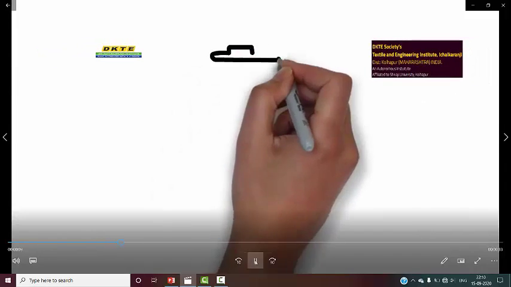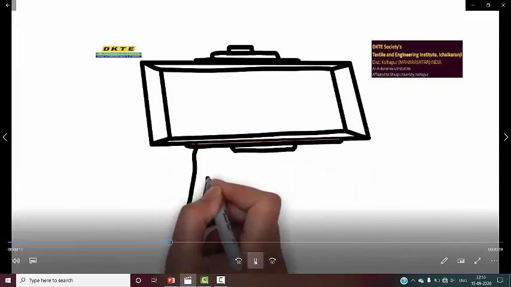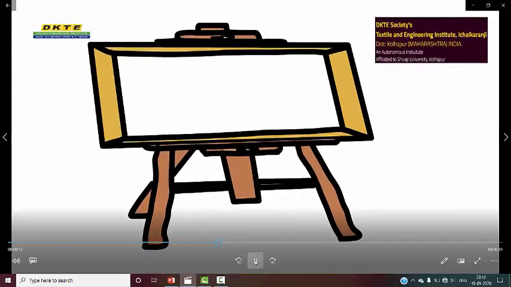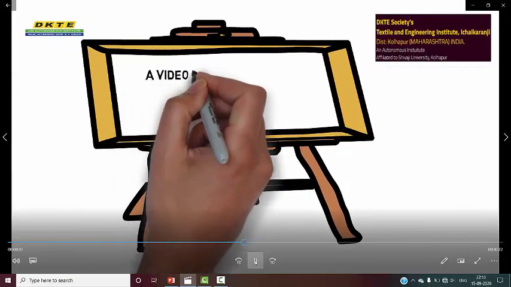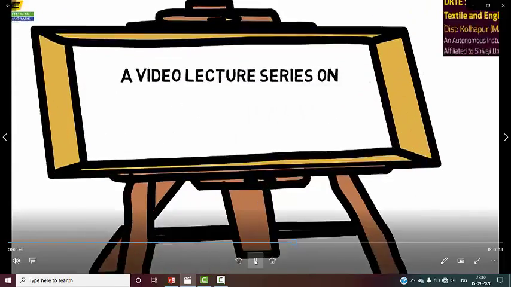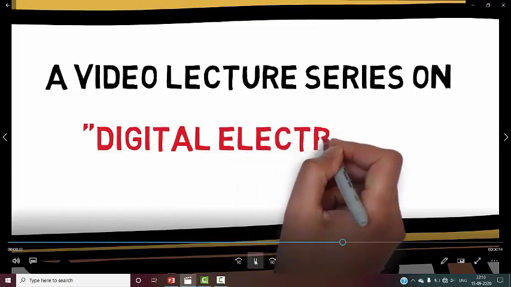In the previous lecture we started with sequential circuits, where we covered the difference between combinational and sequential circuits, and after that we saw the block diagrammatic difference between them also.